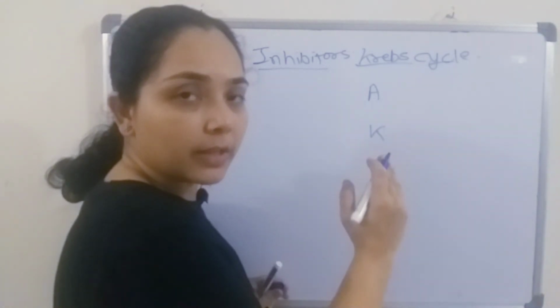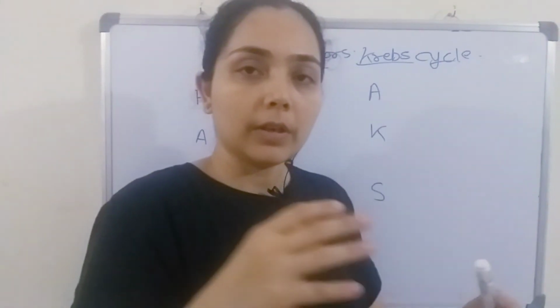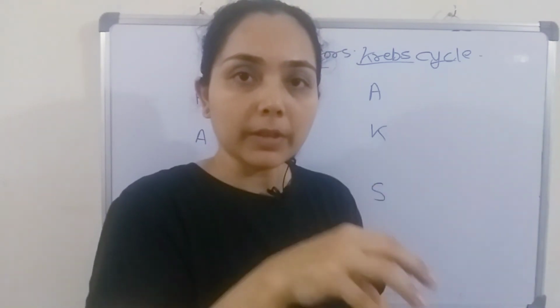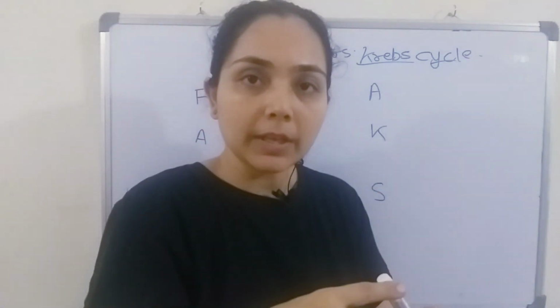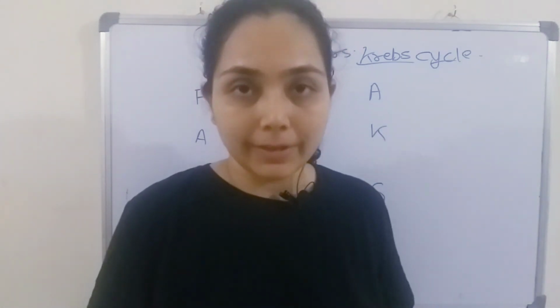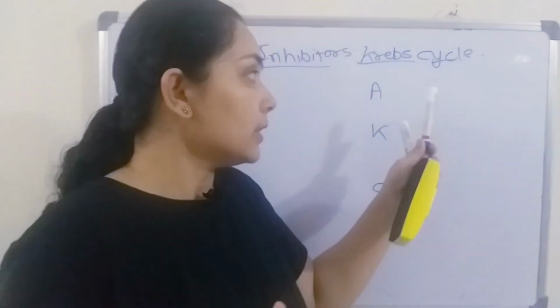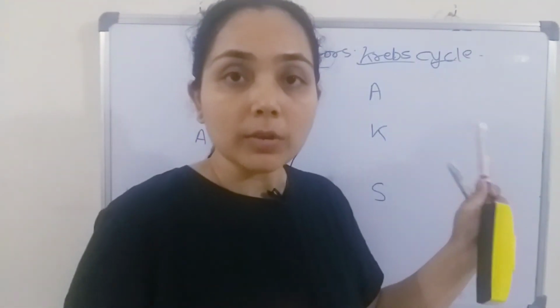Three enzymes are there. If we add some substance on it, or put some reactant over it, it will bind with the enzyme and completely inhibit or stop the Krebs cycle. Yeah. So like we will see here, the aconitase enzyme.